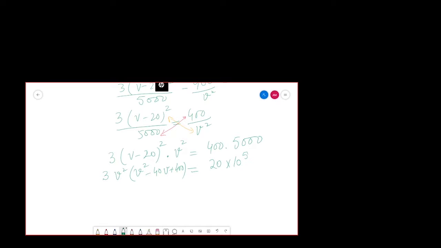So it becomes 9v raised to the power 4 minus 120v cube plus 400v square is equal to 20 times 10 raised to the power 5.